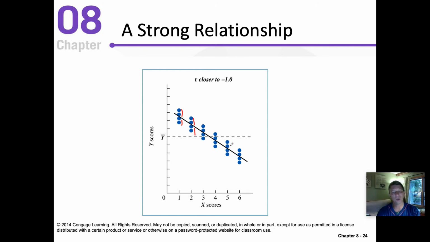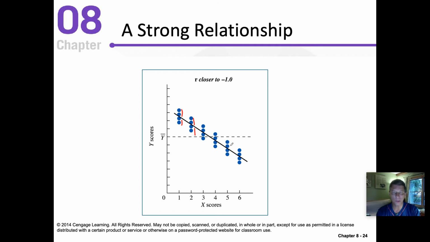And so what that means is that we are very evenly splitting the difference in the y values. Not to mention, all of these y values are very close to that average value of y, the y prime value at each value of x. So this indicates a very strong relationship.